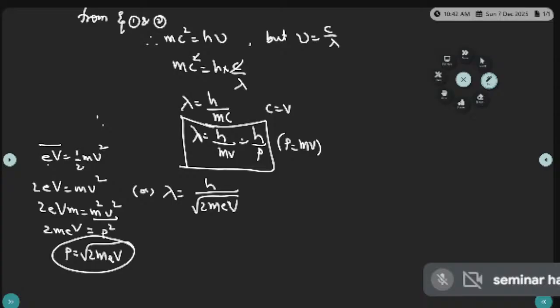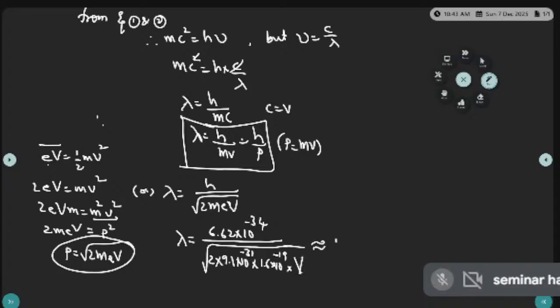Now further, what is h? Planck's constant, whose value is 6.62 into 10 power minus 34, by under root of 2 into mass of electron 9.1 into 10 power minus 31, into charge of electron 1.6 into 10 power minus 19, into capital V, the potential. Then simplify, same as 12.26 by root V angstrom.